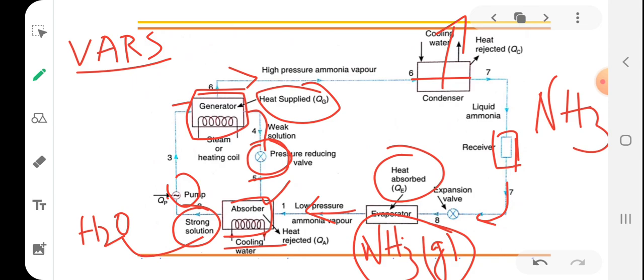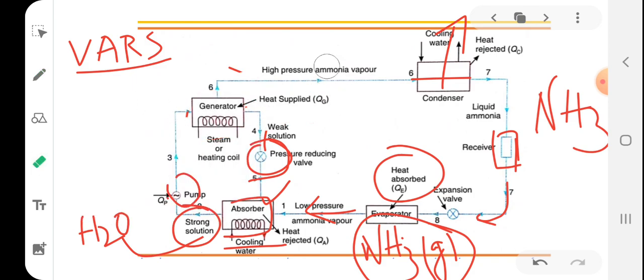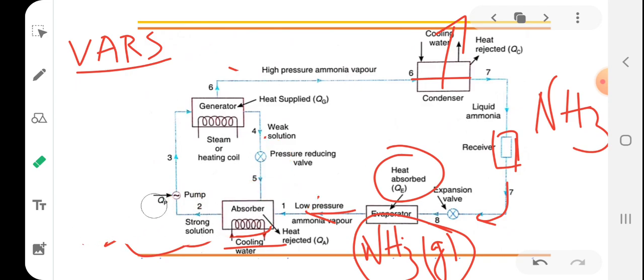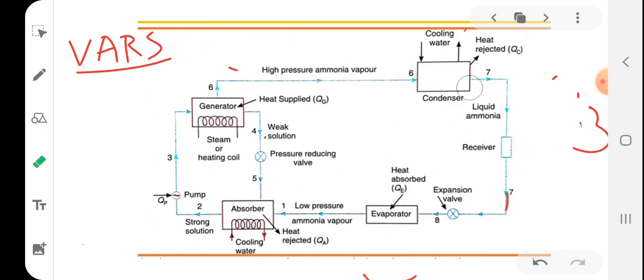So this is the process taking place in the vapor absorption system. What is the main difference, how is it different from the vapor compression system? Instead of a compressor, we are using an absorption system setup which includes an absorber, a pump and a pressure reducing valve along with the generator.